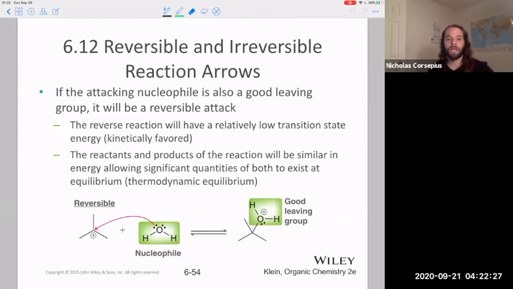Okay, so first of all, being able to spot a reversible reaction arrow. Well, so first, I guess this is an example of a reversible one. And here we have, what does this arrow represent in terms of those 5 categories that we put out?